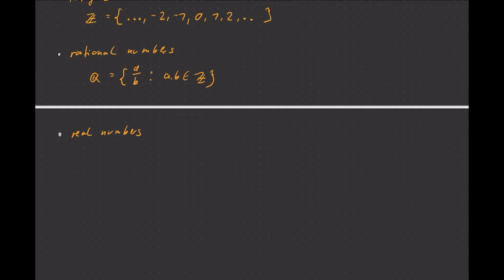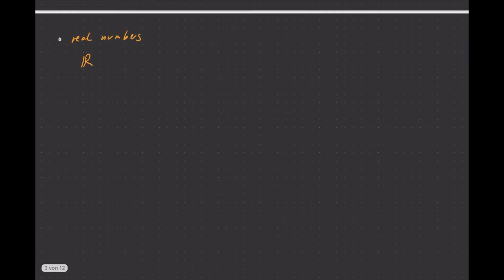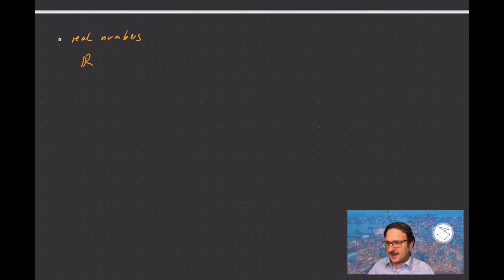Those are numbers that are contained in the real numbers, but not in Q. So the real numbers, we'll denote those by R. Again, I'm not going to talk about the definition of those numbers. That's not a very easy topic. It's a nice topic, actually, but we won't discuss this in the context of this class here. So that's the set we'll mostly work with.